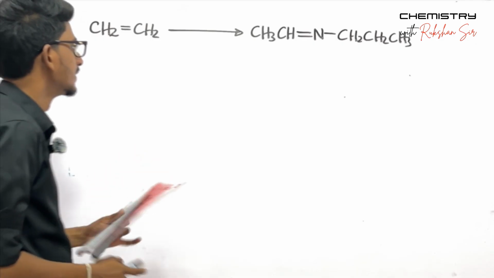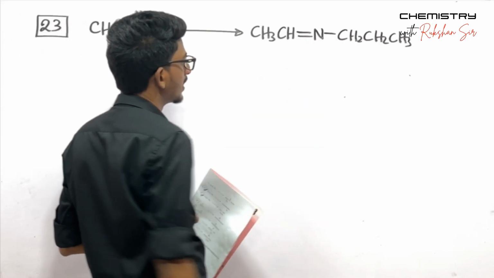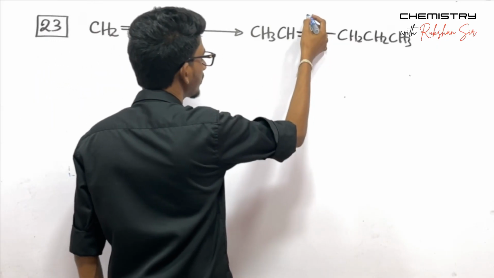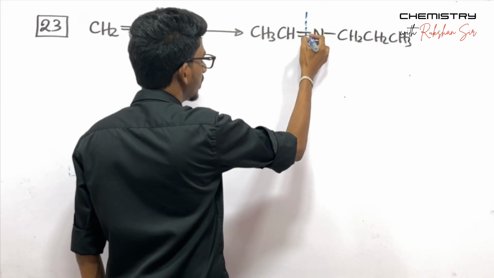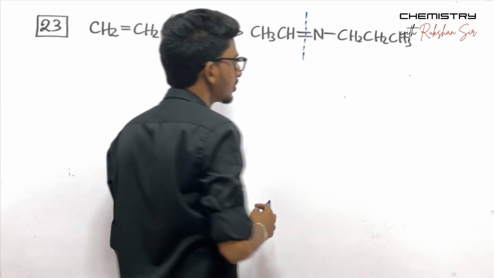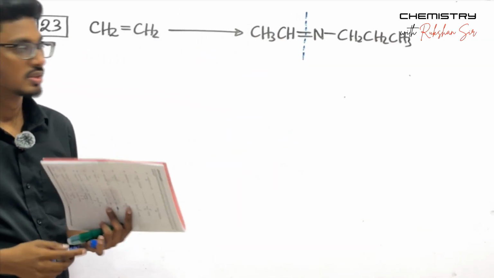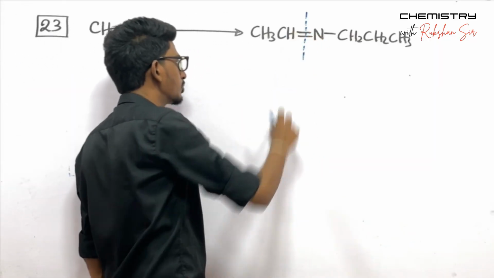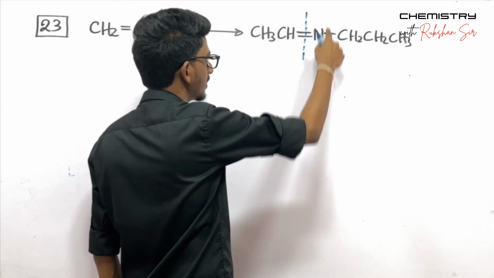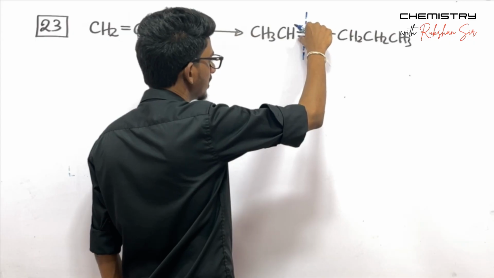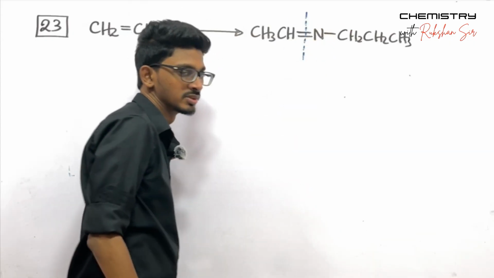So here is the imine bond. CN double bond. If you see the CN double bond, first break from here, right? You are supposed to break from the most polar bond, right? You are not supposed to break from the other bond. If an amine bond as well as an imine bond is appearing, just break from the imine bond.